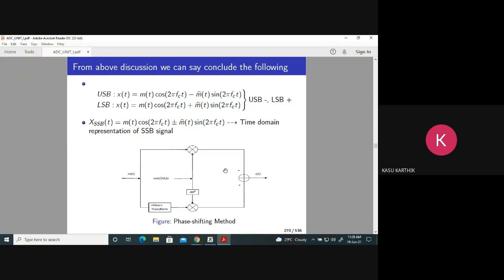There are two methods. Generation of SSB is with two methods: frequency discrimination method, phase shifting method. The problem of frequency discrimination is ideal filters which are not realizable. Here also the Hilbert transform ideally is not realizable. Both methods are not precise. Both have their own problems.